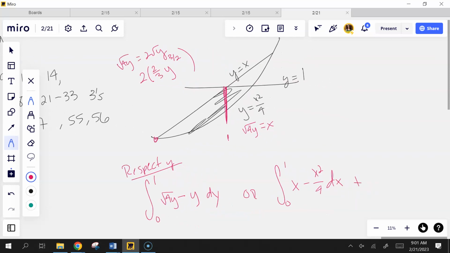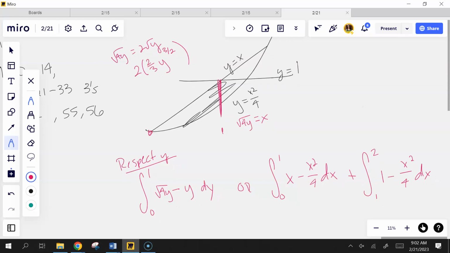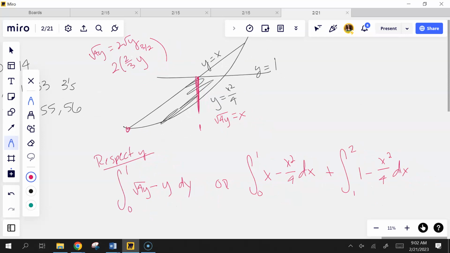And then for the second part, I'd go from 1 to 2, and I'd do 1 minus x squared over 4. Either one will work, whichever one you see easier.